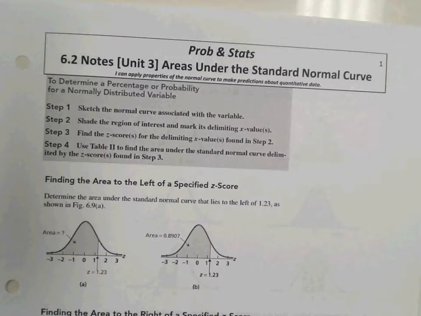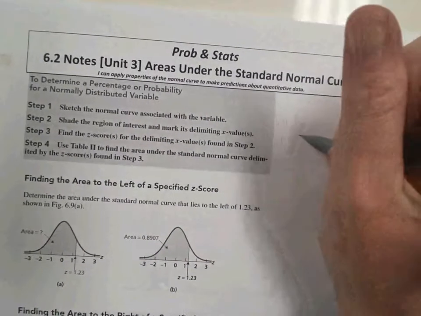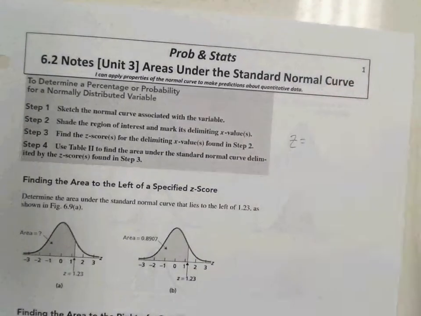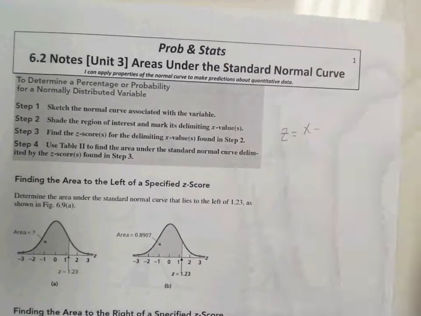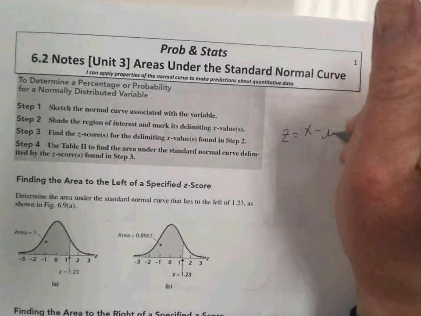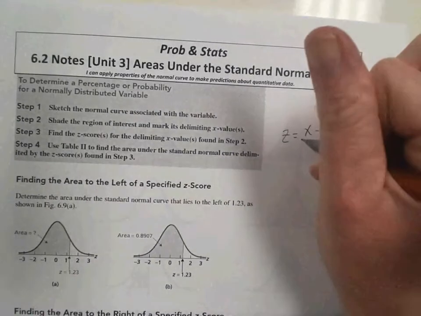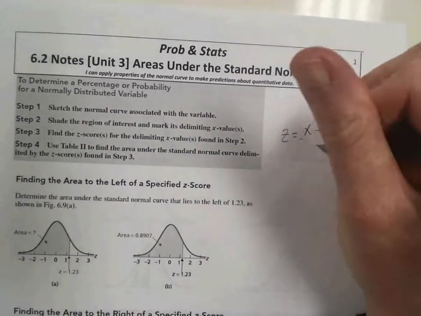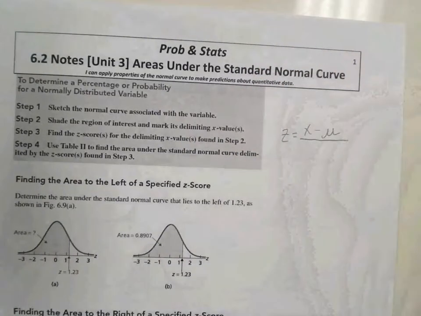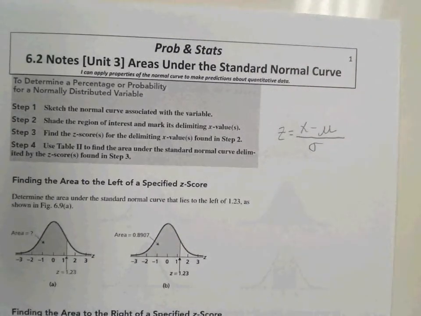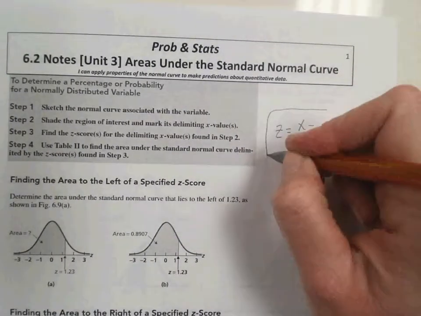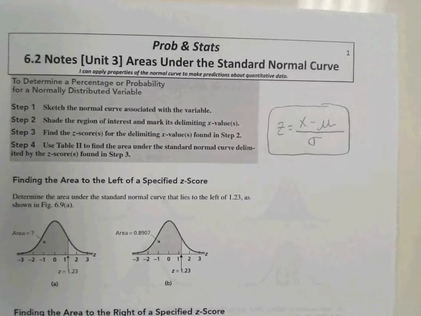So you'll recall on Friday we took all of our normal curves, and through using this formula, z equals x, which is any of the observations in our data set, minus mu, which is our population mean, divided by the population standard deviation. Right, so that's our z-score formula.